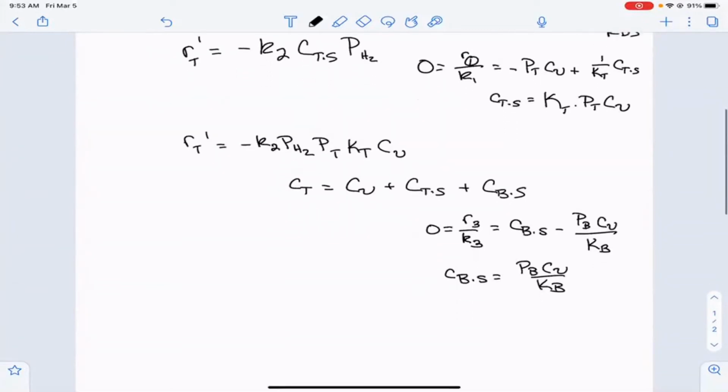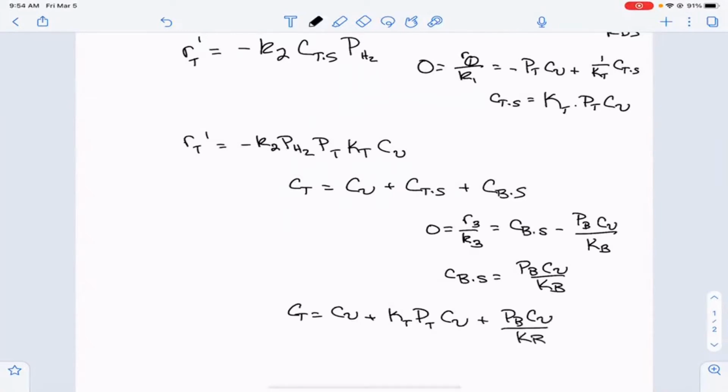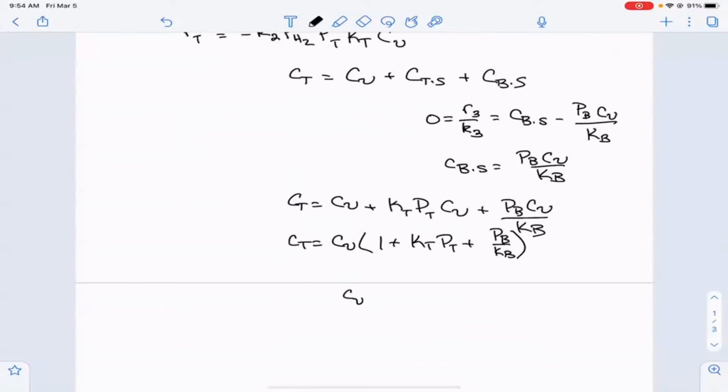And so if we finish this site balance, the total number of sites equals CV plus KT times PT times CV plus PB CV over KB, or that it's just CV times 1 plus KT times PT plus PB over KB. And finally, CV just equals CT divided by 1 plus KT times PT plus PB over KB.